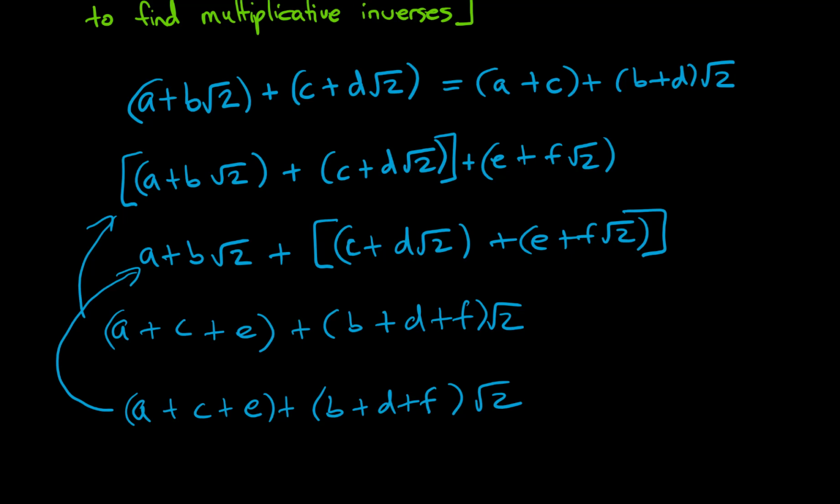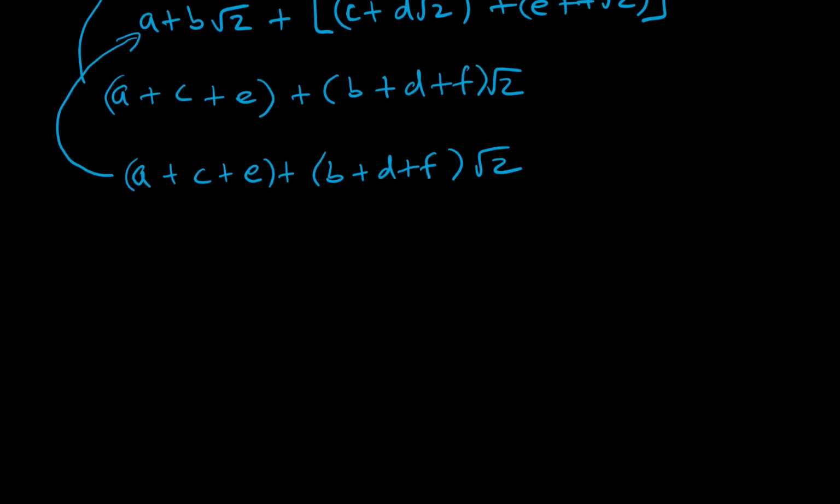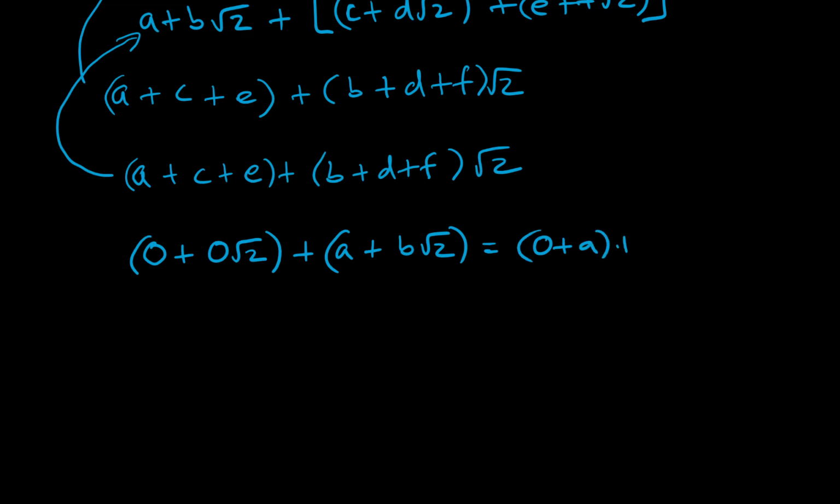So now what about inverse and identity? Clearly, if we want identity, we can take 0 plus 0 root 2, because if we were to add that to a plus b root 2, we just get 0 plus a plus 0 plus b root 2, which is the same thing, a plus b root 2, that we had to begin with.